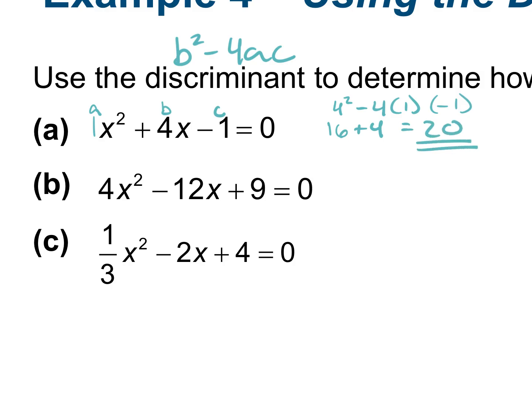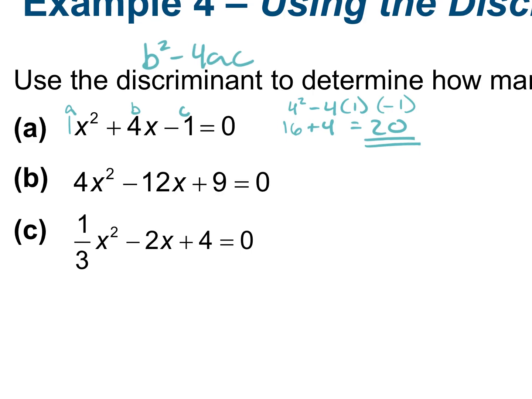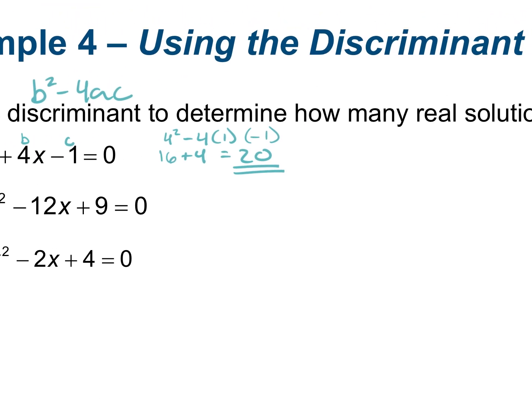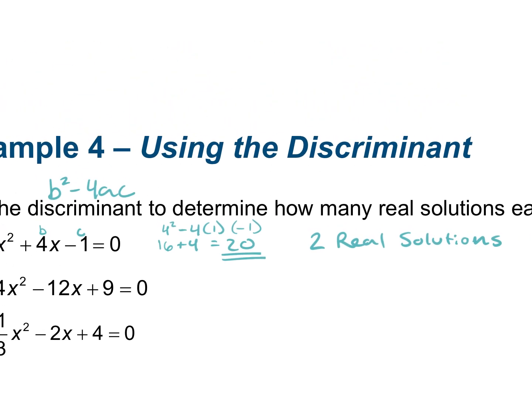It's not our answer, it's just the discriminant. The discriminant tells us how many solutions we have. So how many solutions are we going to have if our discriminant is 20? We have 2 real solutions. If our discriminant is a positive number, we have 2 real solutions. So again, just a reminder, if our discriminant is positive, we have 2 real solutions.